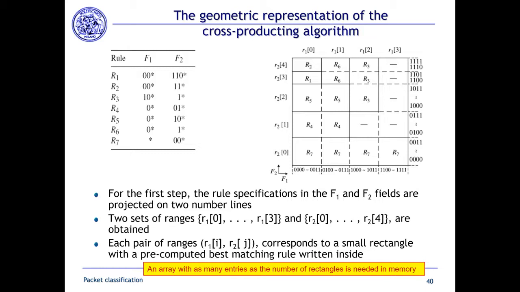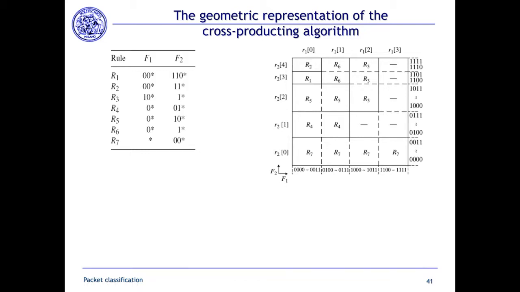Obviously you need an array which has as many elements as the number of rectangles that are not the original rectangles representing the rules, but the rectangles that are obtained by the intersections of the original rectangles. So here you have only 7 rules, but the number of rectangles that you have here in the plane is much more, because you have all the overlapping regions and the intersections.